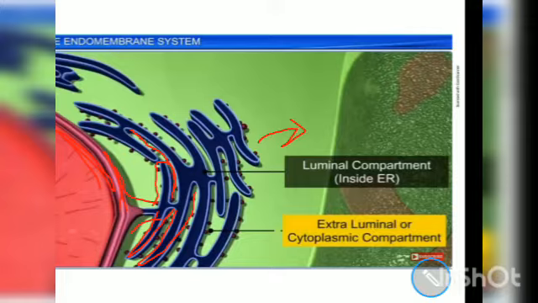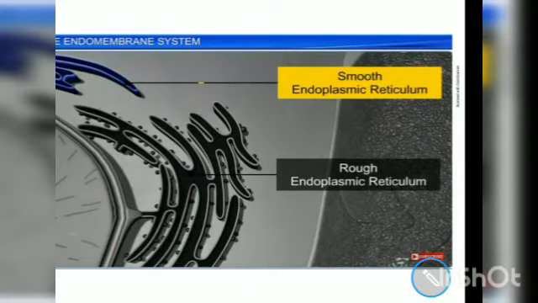Then the endoplasmic reticulum is of two types. The endoplasmic reticulum which contains ribosomes upon its external layer is called rough endoplasmic reticulum, and the part of the endoplasmic reticulum which doesn't have any ribosomes upon it is called smooth endoplasmic reticulum.